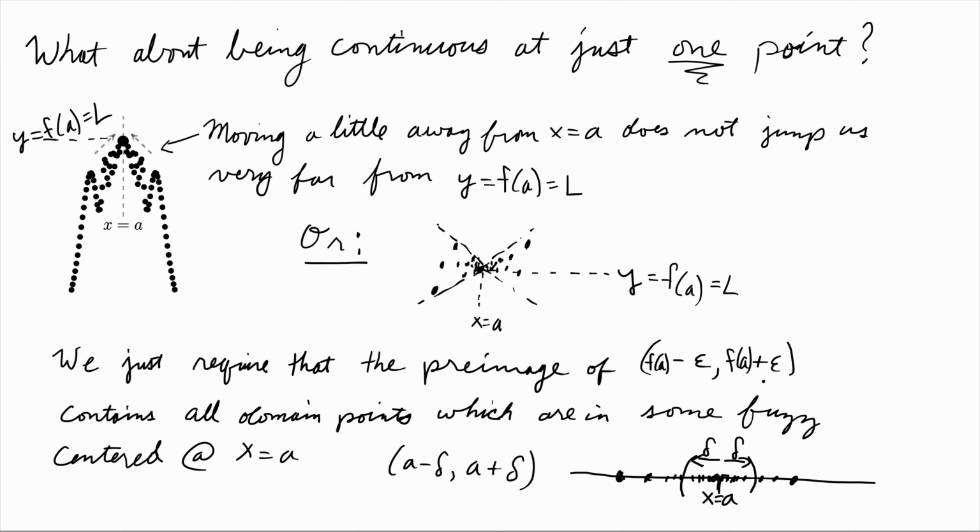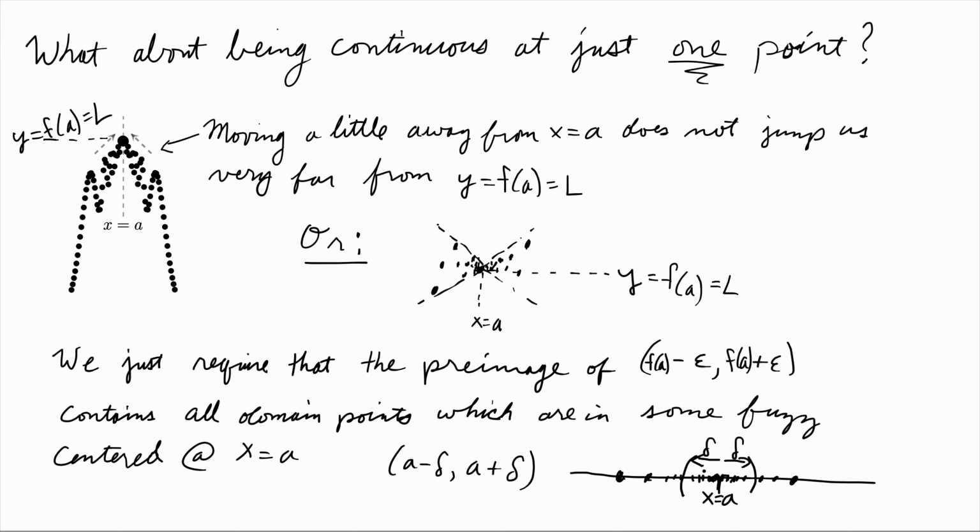This domain is lots of different points. Basically, we want the preimage to contain all domain points that are in fuzz. The domain is embedded in the x-axis, and there are fuzzy spots on the x-axis.